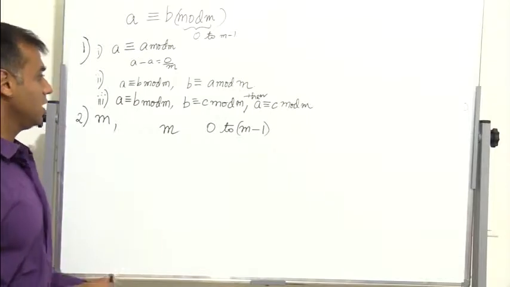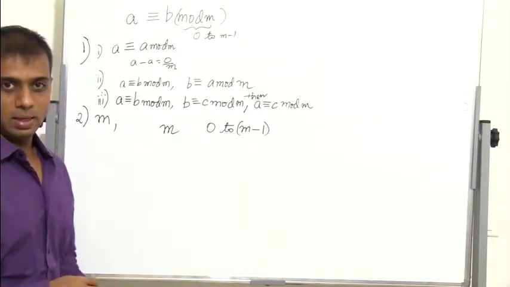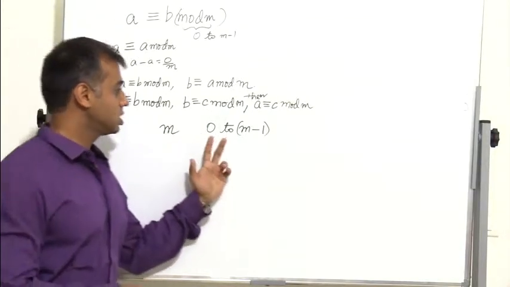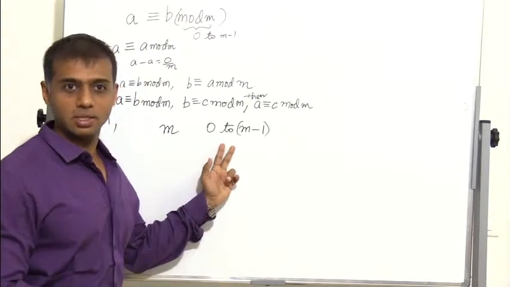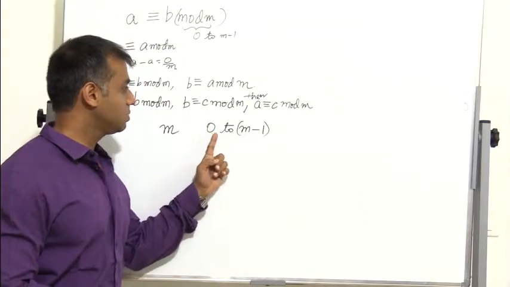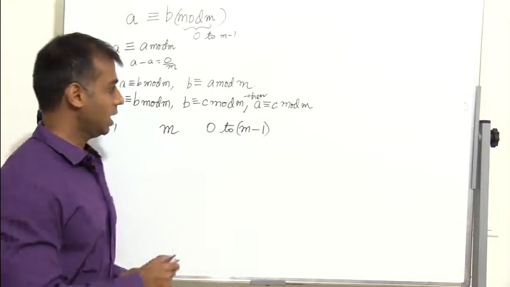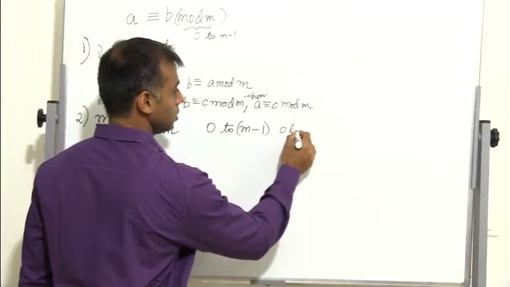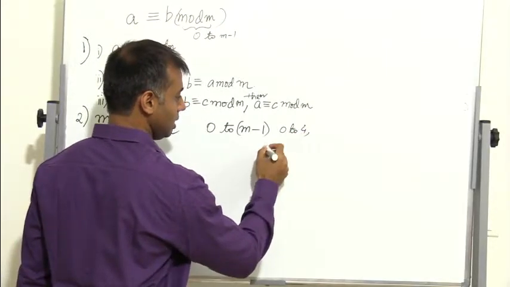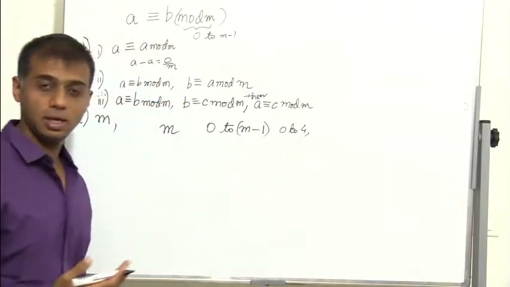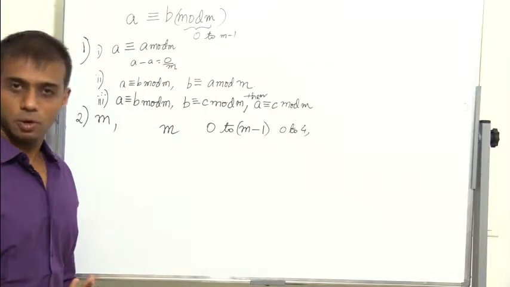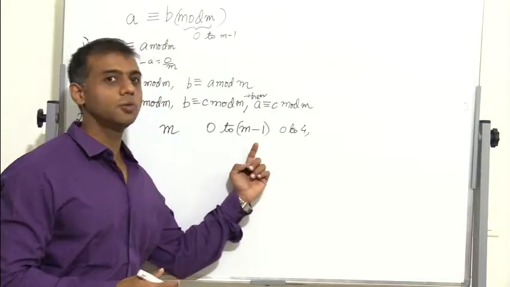So we have already seen that if you are operating in mod M, then every congruence relation will have the final representative value which lies between 0 to M minus 1. If we are operating in mod 5, I have the range between 0 to 4. If I am operating in mod 10, then I have the range between 0 to 9. If I am operating in mod 15, I have the range between 0 to 14 and so on.